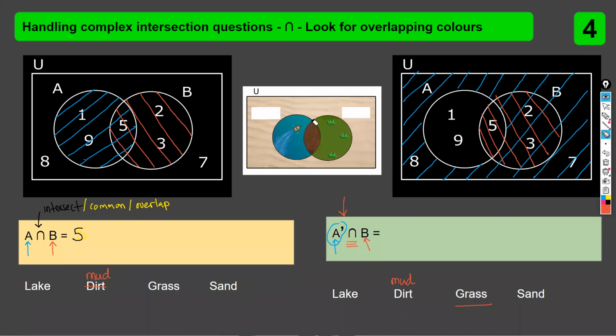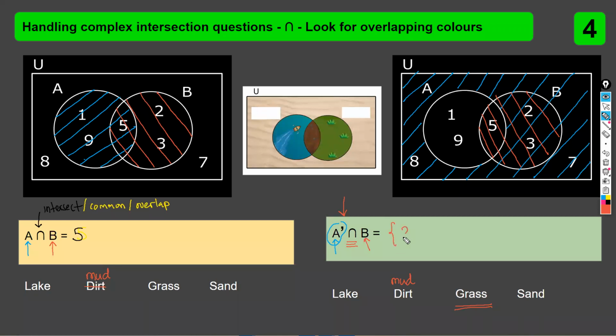Look at it. In the grass region, it has what? Red and blue. Look at it, red and blue. So now they're asking us what values live in the answer to this, which is the grass. So the answer is what? 2 and 3, because only 2 and 3 live in the grass region.